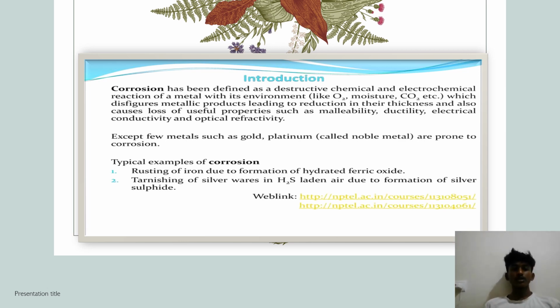Except a few metals such as gold and platinum, metals are prone to corrosion. A typical example of corrosion is the rusting of iron due to the formation of hydrated ferric oxide.